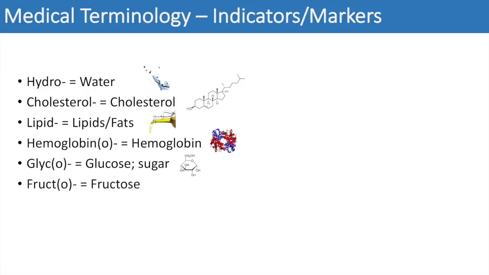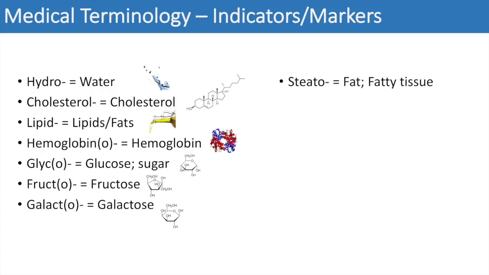So you can think of fructosuria, a condition where a patient is peeing out fructose. Another one is galacto, which simply stands for galactose. So you might hear of galactorrhea. Another one is steato, which simply stands for fat or fatty tissue. So you can think of steatosis or steatorrhea.